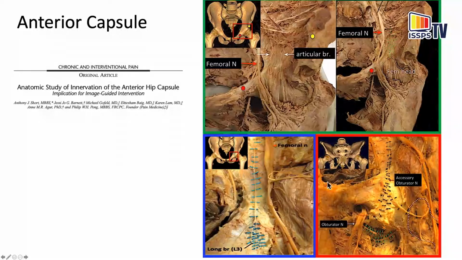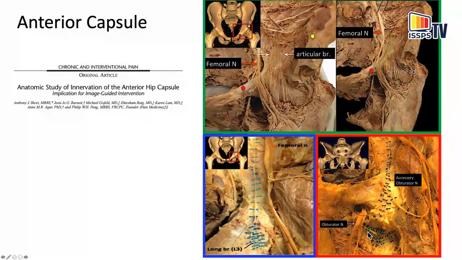And here you can see the skeleton, and my arrow points to the obturator foramen. And this is actually the zooming of this picture. The obturator foramen is here and gives rise to the anterior and posterior divisions. Now, the femoral nerve and the obturator nerve are separated by some fascial plane, but not the articular branches.